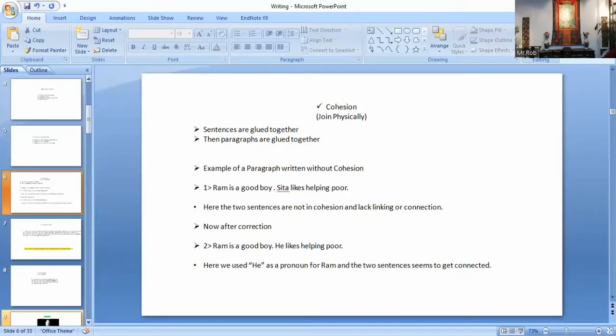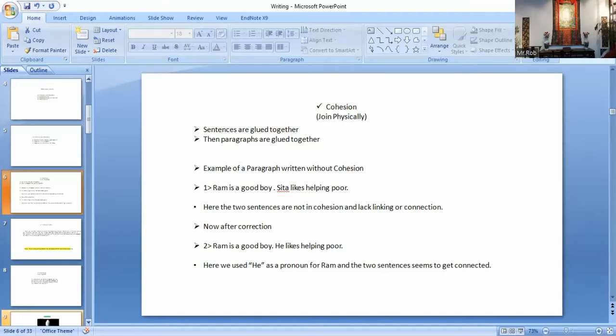Example of a paragraph written without cohesion. Example, Ram is a good boy. Sita likes helping poor. Here, the two sentences are not in cohesion and lack linking or connection. Now, after correction, you will get the version 2, that is, Ram is a good boy.